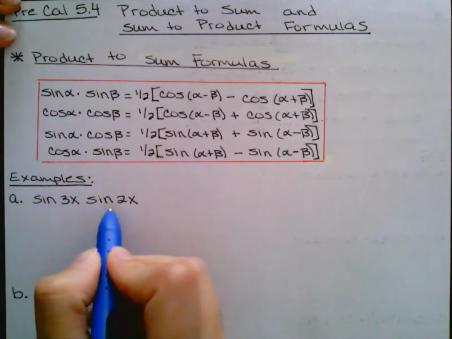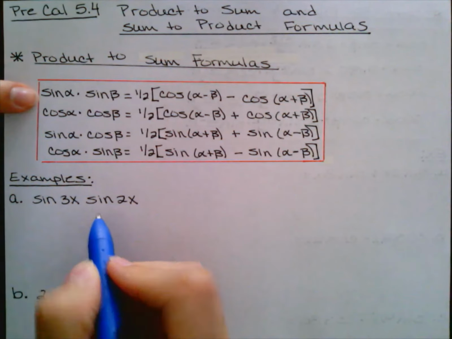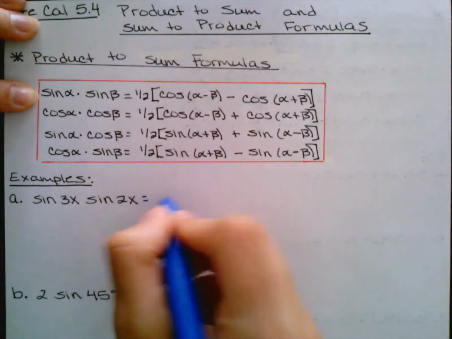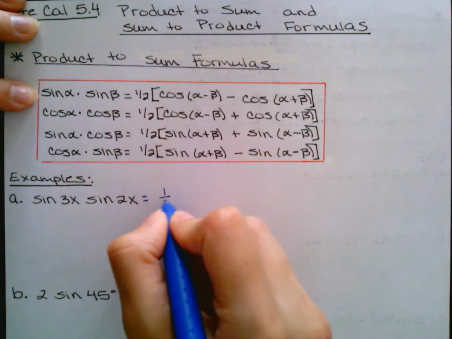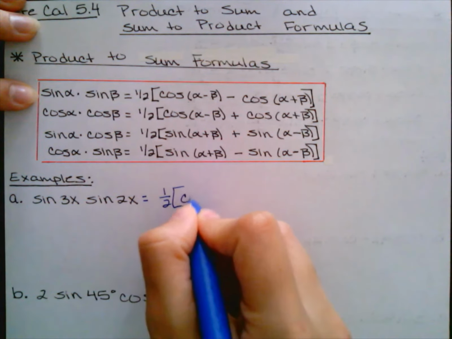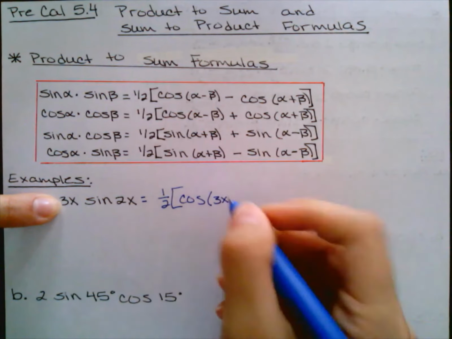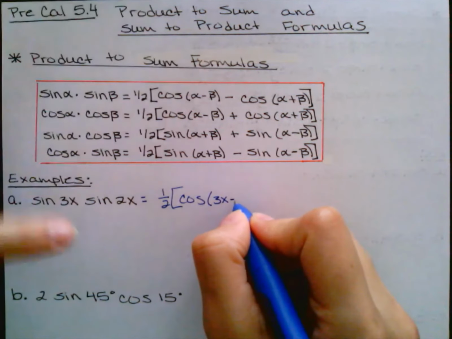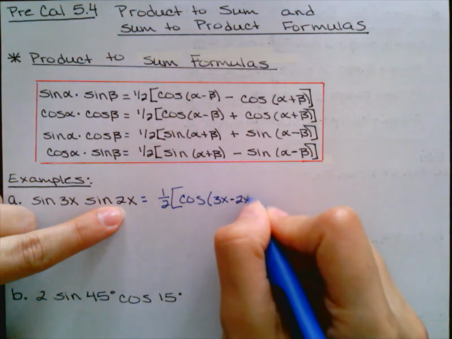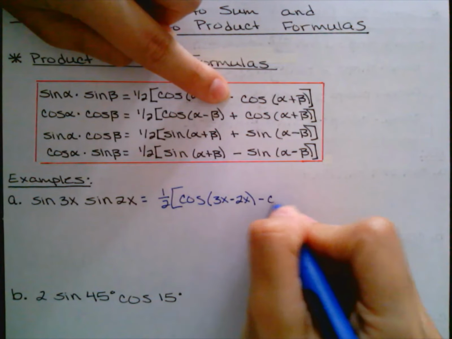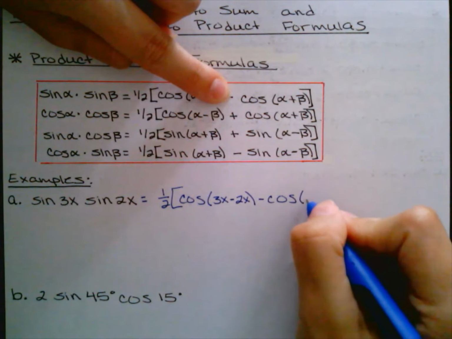Here we have sine times sine, so we're going to use this first one. This is going to become half times cosine of the first minus the second, and then minus cosine of adding them.